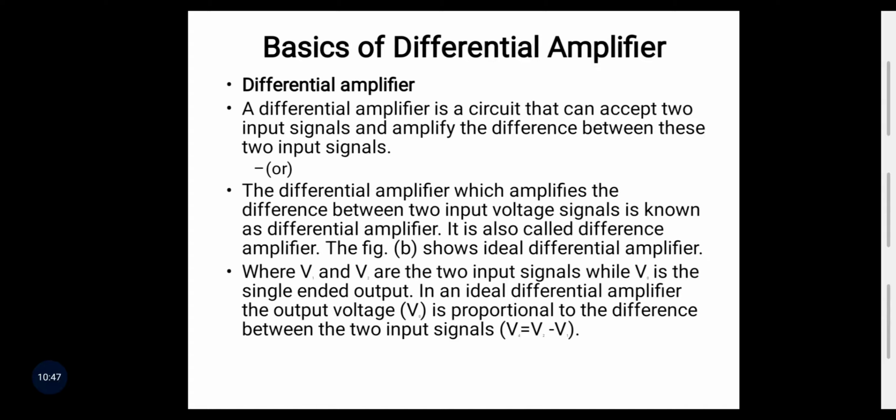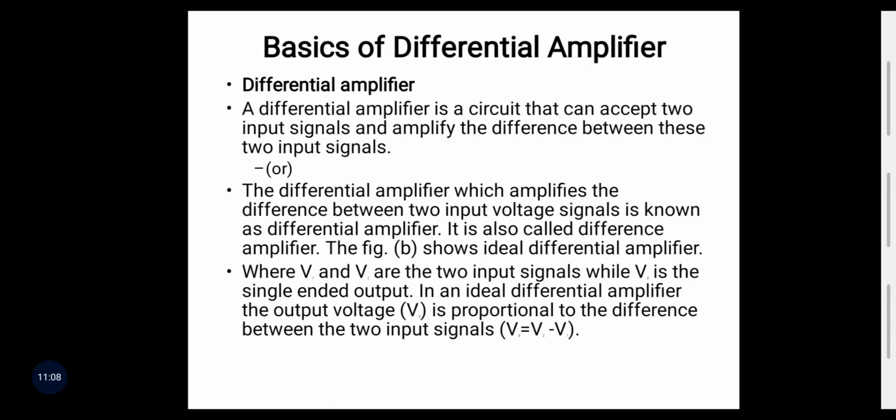In an ideal differential amplifier, the output signal V0 should be given by V0 equal to AD into (V1 minus V2), where AD is the gain of the differential amplifier.